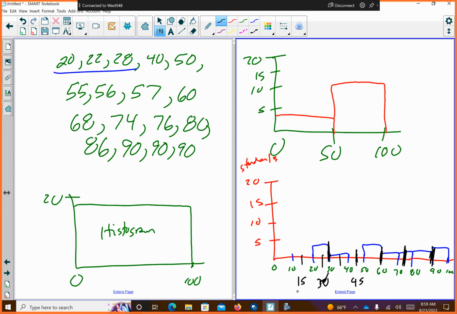So then we do our bar graph. So 3 people fell within the up to the 30 range. Okay, 30 to 45, 1. 45 to 60. So 1, 2, 3, 4, 5.